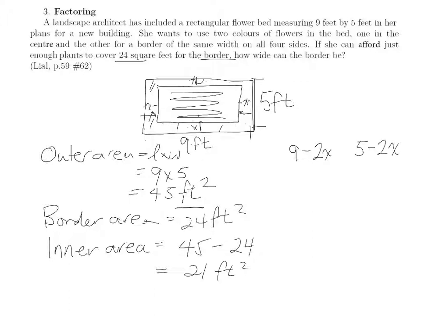And again, you're going to remember that length times width is the area, and that these are the dimensions of the inner rectangle. So we can multiply those together and find the area of that inner rectangle. And we know that the area of that inner rectangle, we found that as 21 square feet. So now we can say that 21 square feet is equal to 9 minus 2x times 5 minus 2x.